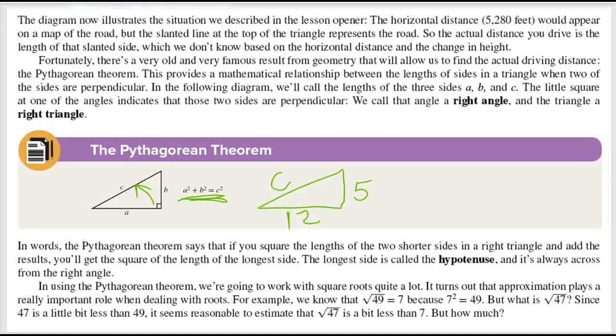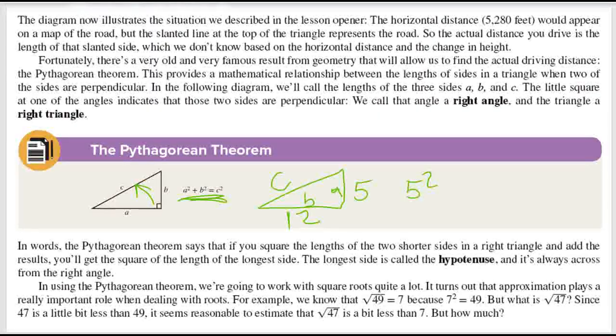What matters is choosing the hypotenuse. In that formula, the c squared is important. So I'm going to do a squared plus b squared. And I'm going to say a is 5. Even though that's different from the diagram, if I have my own triangle, it doesn't matter. I can label A and B either way.